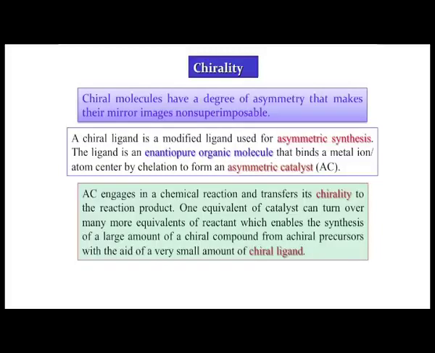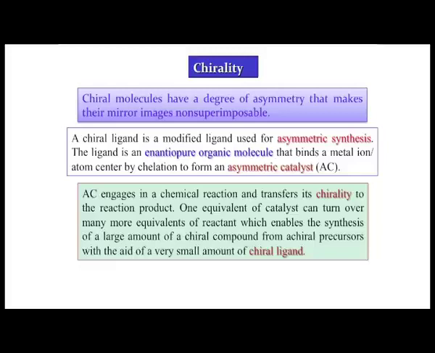So, what is that chiral ligand? The definition of the ligand we all know. In synthetic organic chemistry, the term you simply know is asymmetric synthesis, which is not symmetric.